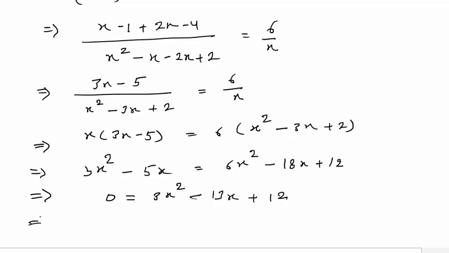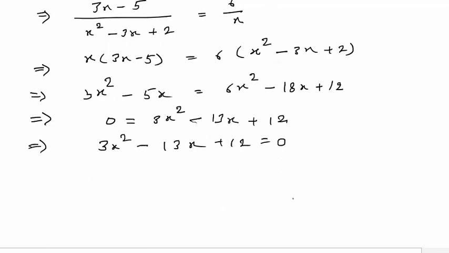So therefore I write it as 3x square minus 13x plus 12 equal to 0. Now the equation is in standard form, and I have to multiply a with c, which is 12 3s are 36 and I have to find the factors of this 36 so that I will get minus 13 on addition.